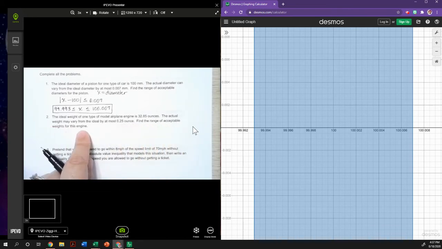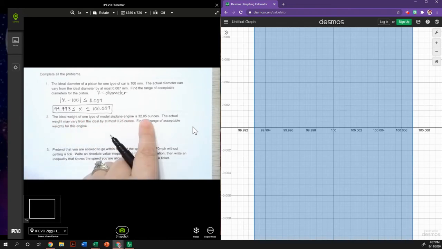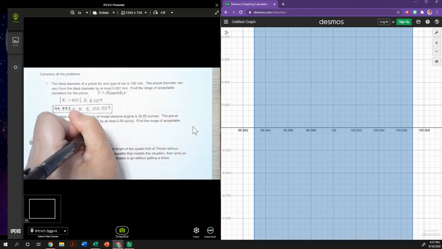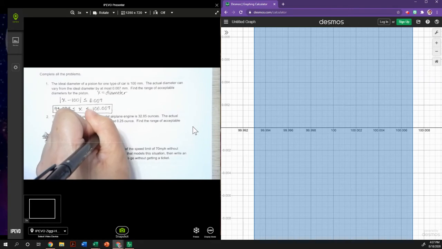All right, so now some of you are thinking, well, it's the same problem. It is. It's just different numbers, but it's almost worded the exact same way. We've got this ideal weight, but the actual weight can vary. So I'm going to let x be the actual weight.